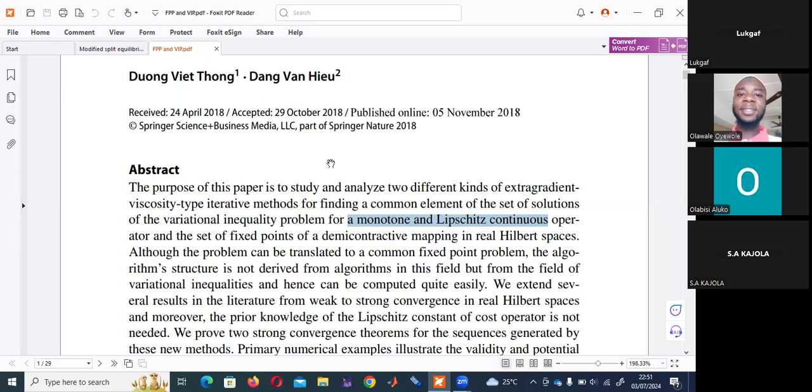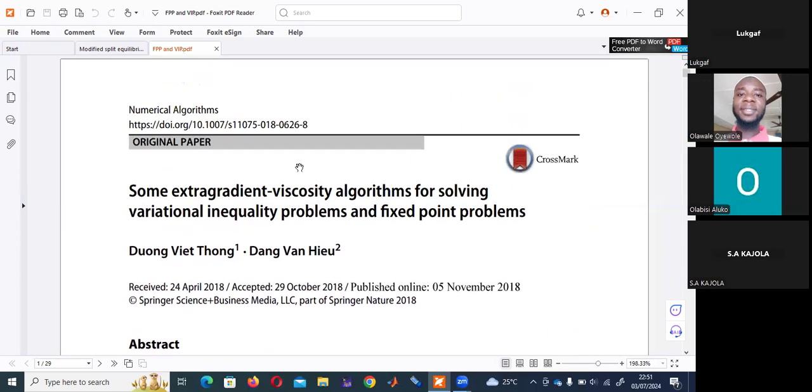It's like solving x star equals P_C of (I minus lambda A) of x star. So if we recast the variational inequality problem as a fixed point problem, it means we have two fixed point problems. This is one fixed point, this is one fixed point. So we are looking for a common element, or a common solution, to two fixed point problems.